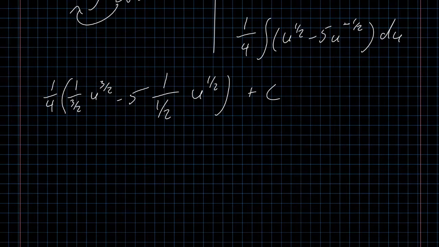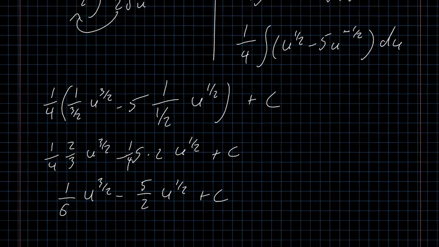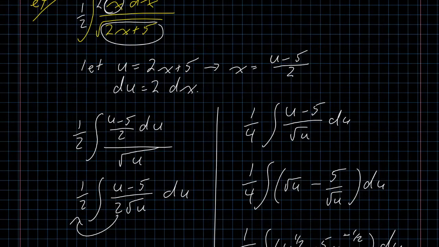Cleaning up a little bit, 1 over 3/2 is 2/3. 1 over 1/2 is 2. And so we'll end up with 1/6 u to the 3 halves, minus 5/2 u to the 1 half. And then finally, if I scroll back up and remind myself, u itself was 2x plus 5.